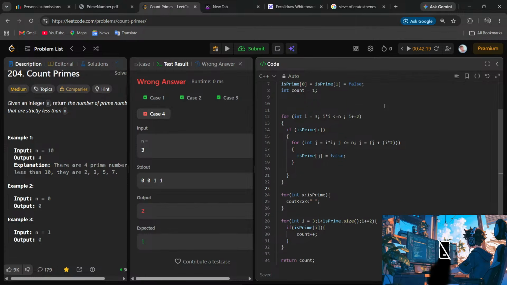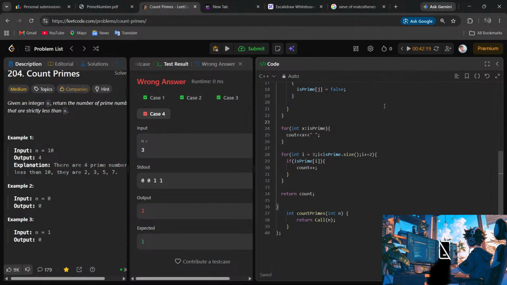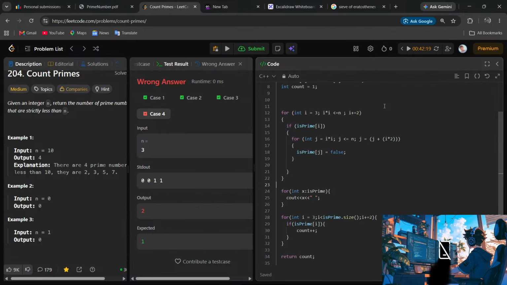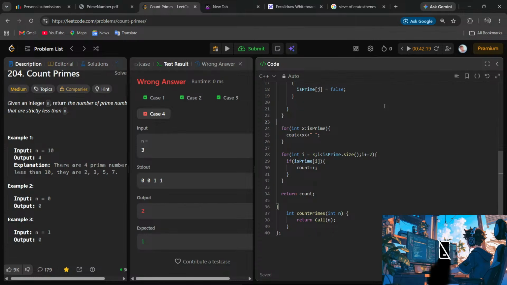Will count be 0? No. So basically, if I start from index 3, 0, 1, 2, 3, I will see whether the third index is a prime. Yes, it is prime because this is 1. So I'll mark count plus plus. And what is the previous count? The previous count will be 1. So after adding it, I got the output to be 2, but expected to be 1.